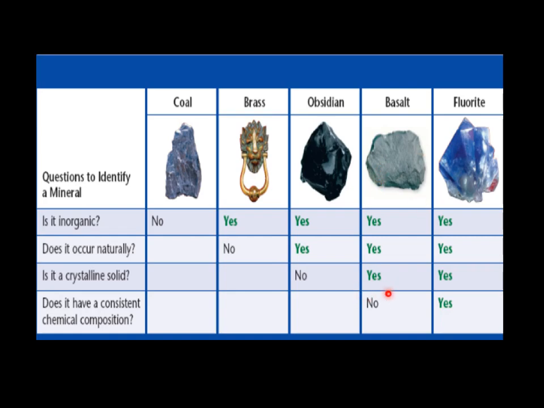But it is made up of many different chemicals. 2 pieces of basalt from 2 different oceanic plates or different times of oceanic plate will not have the exact same chemical composition. They will have different numbers of different atoms. So something like fluorite does have that chemical composition.